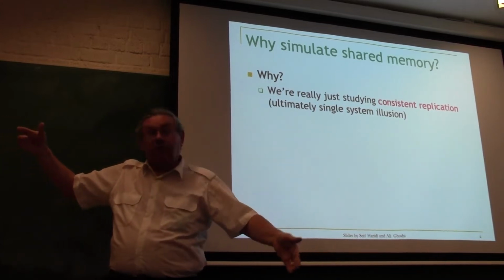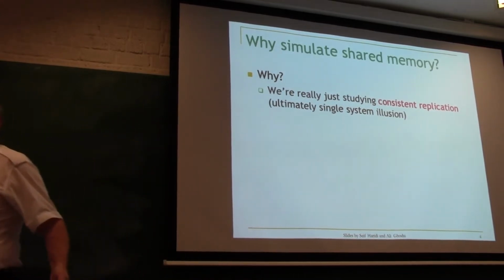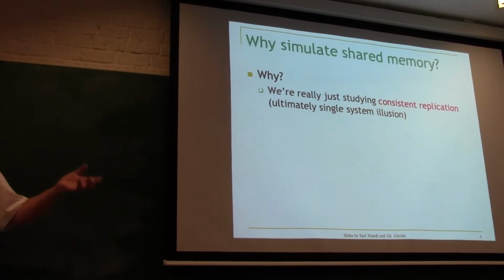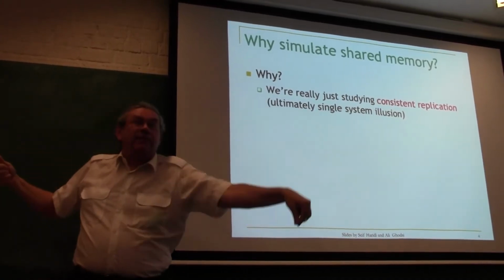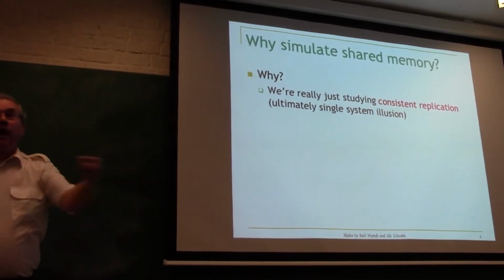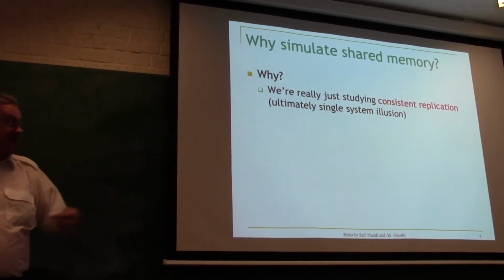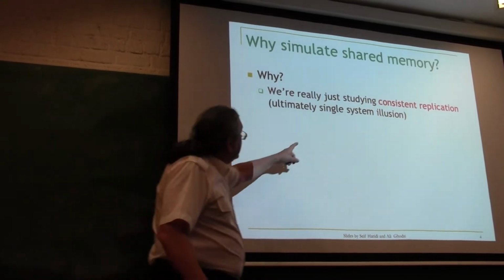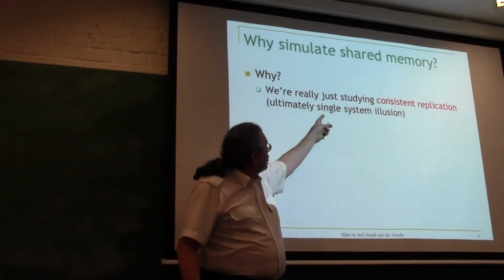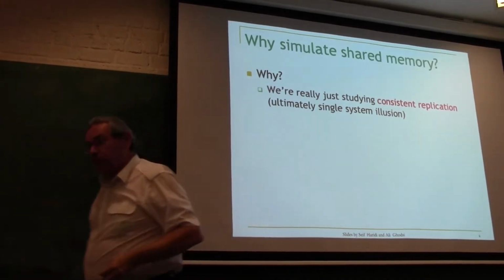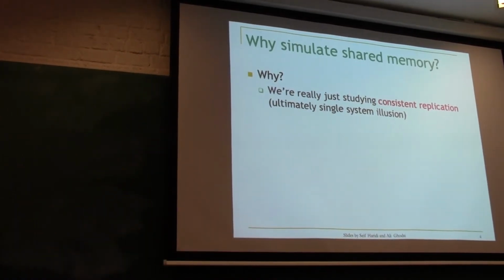What if one node writes and the other node reads? Well, you have to read what you write normally, right? But that's not so easy, because what if you write here and you read somewhere else? Underneath you have to have something. And that's what's called consistent replication. We also call it a single system illusion. So the abstraction is called an illusion.